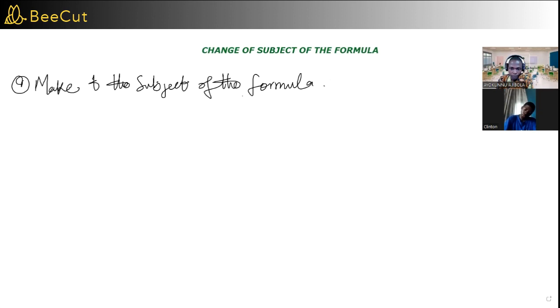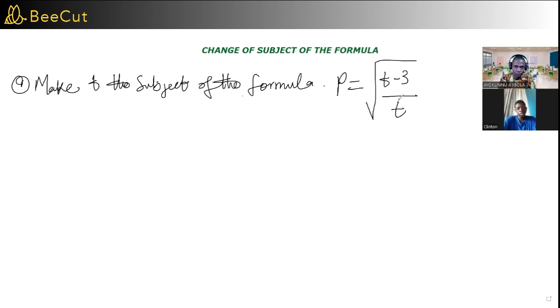So we have an expression here which is P equal to T minus 3 all over T, under a square root. So P equal to the square root of T minus 3 all over T. So please just focus on it. Now, this is the equation that we want to make T subject of the formula.